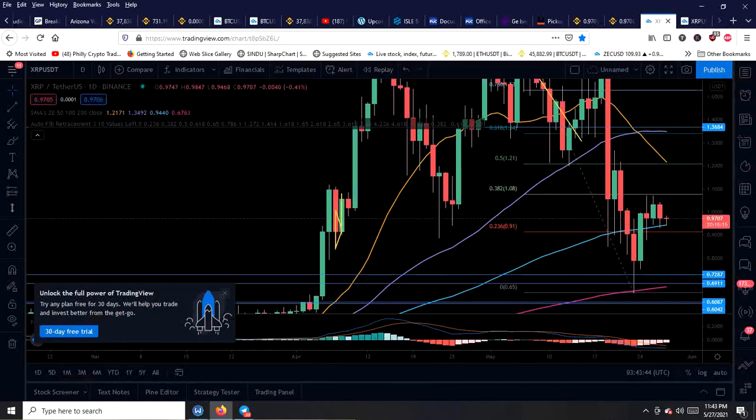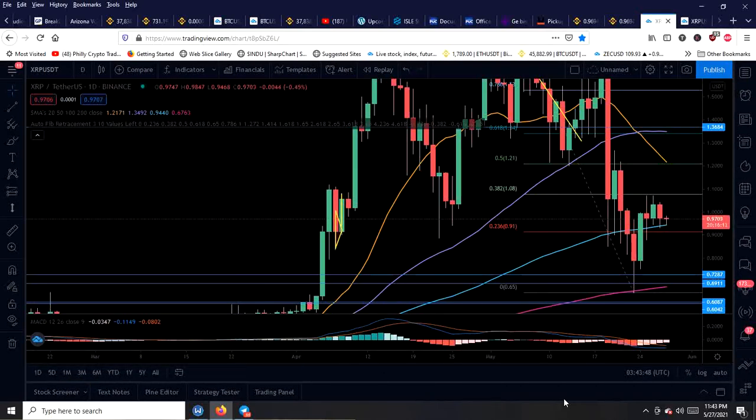Now, I want to point out a couple things here. On the daily time frame, we have come all this way down. Where do we stop? The 200-day moving average. That might be important, right? 67.6 cents.